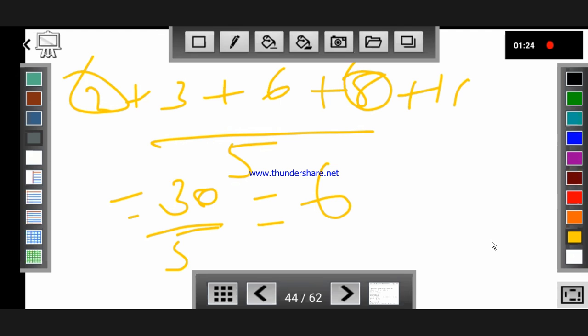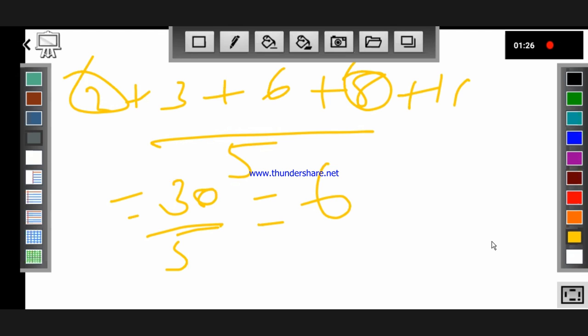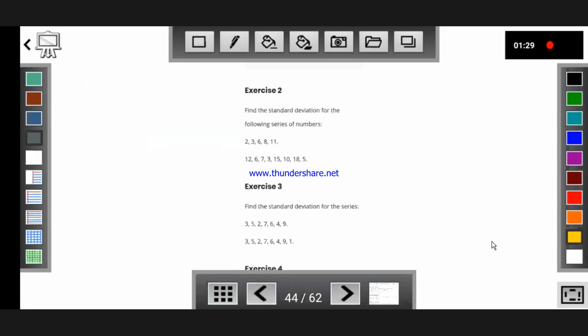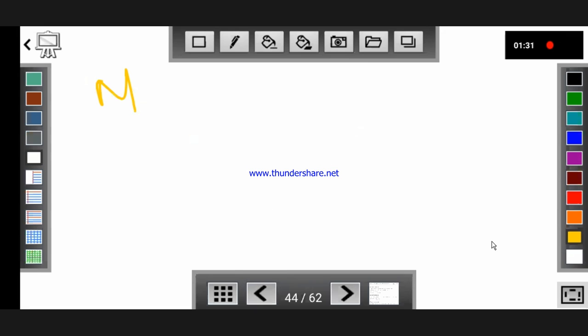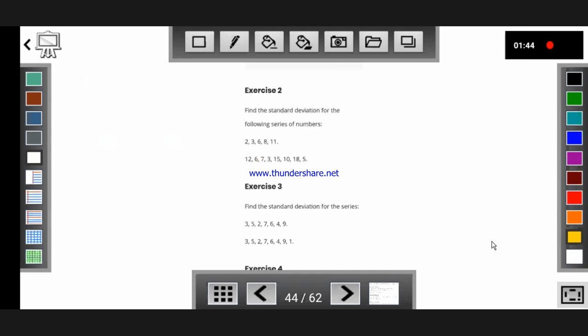Mean value is 6. After that we want to subtract it from the original values. We will get the set of values as minus 4, minus 3, 0, 2 and 5.